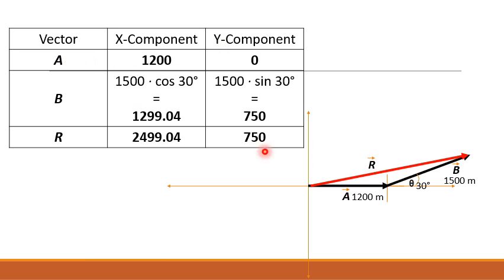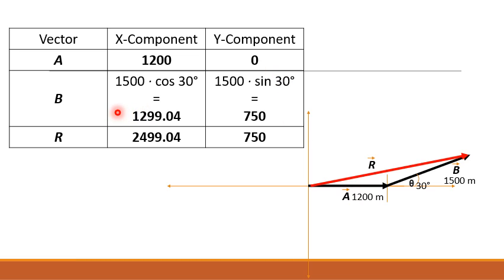So for vector A, which is this arrow, 1,200 is the answer because cosine of 0 is 1. So 1 times 1,200 is 1,200 meters. And then the y component is 0 because the sine of 0 is 0 multiplied to 1,200 is 0.